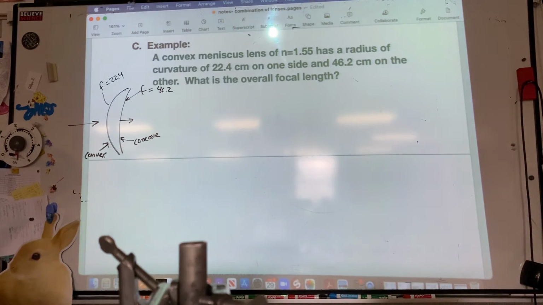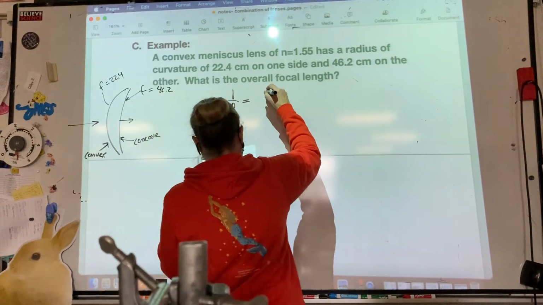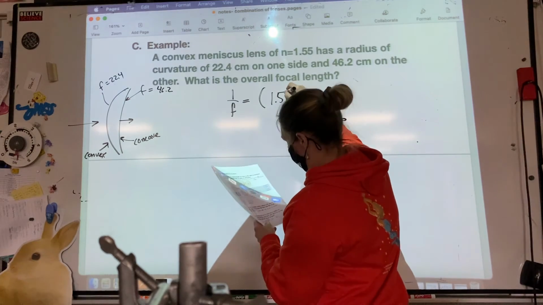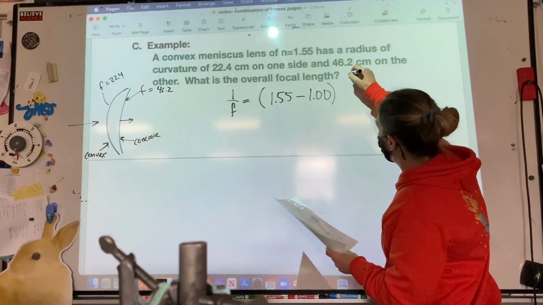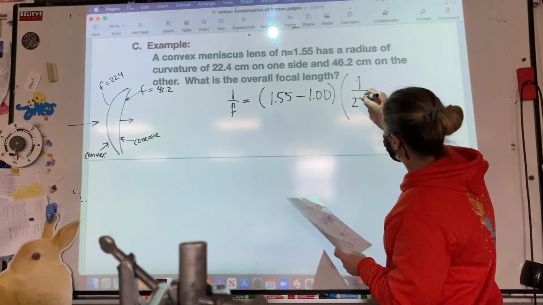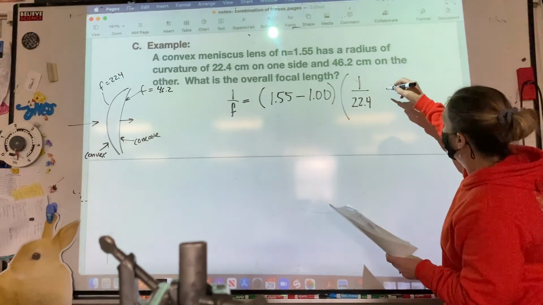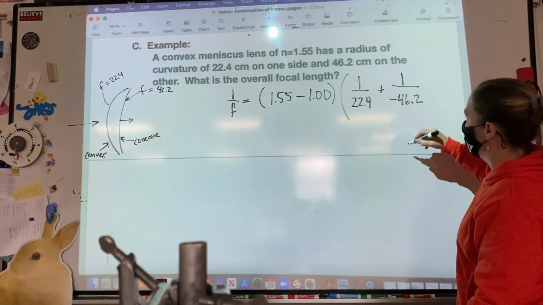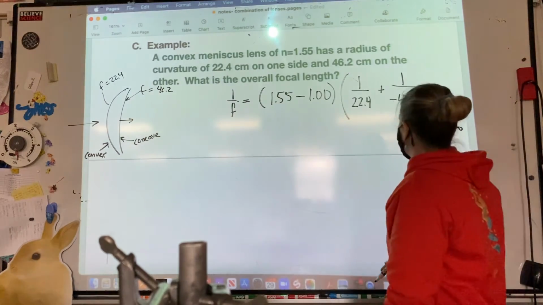Okay. Am I hurting your head? All right. 1 over F equals, then our n is 1.55, minus 1, which is just air. And then we're going to do 1 over our 22.4, plus a negative 46.2, because this is acting like a diverging on the backside.